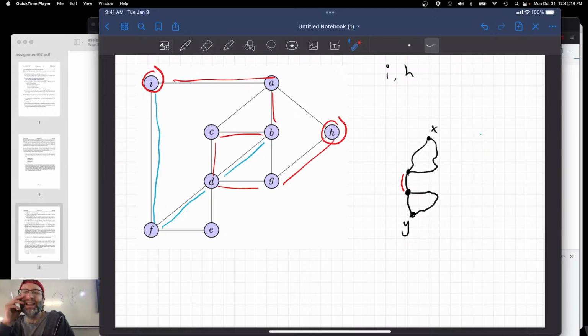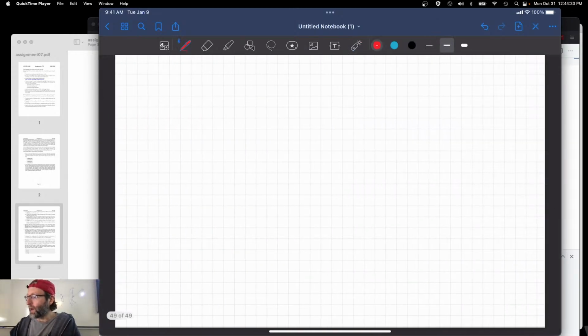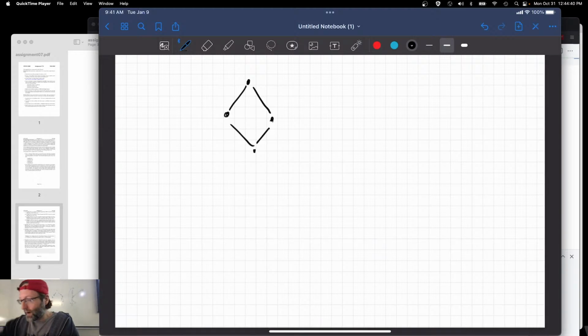I think you can. I'd have to come up with a proof, but I think that you can fix this by saying that you need to find the shortest path. Because if you find the shortest path and another shortest path, well, no. Let's come up with a counterexample for that. All right. Here's X and Y. X going to Y, there are two shortest paths, but they're of the same weight.